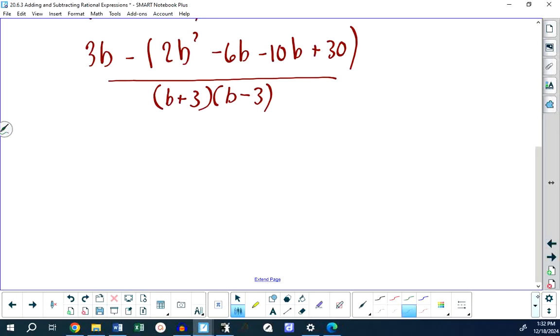I don't normally like to do this. I just don't want to have to rewrite the whole thing just so I can put that negative 6b and the negative 10b together. It's negative 16b.